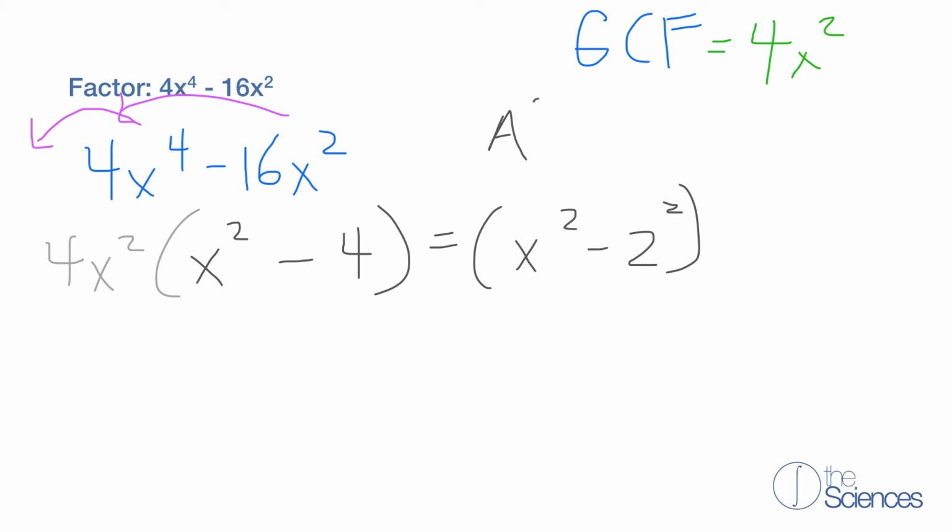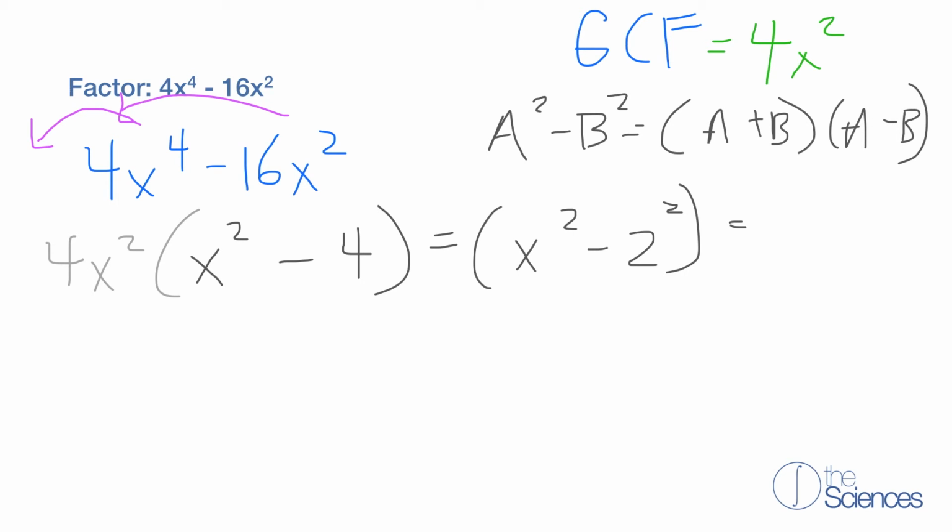So remember that a squared minus b squared is the same as a plus b times a minus b. So now we get x minus 2 times x plus 2.